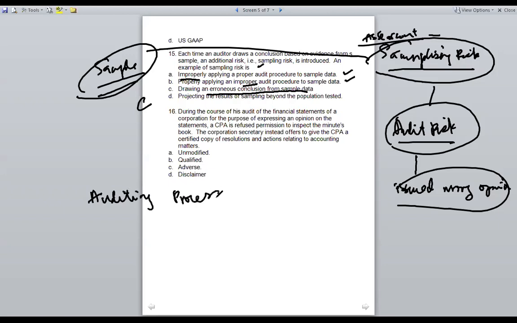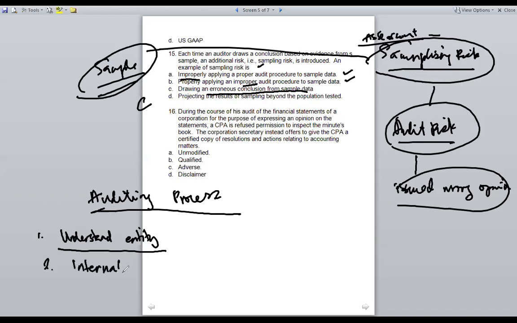The auditing process is simple lang, guys, ano? First is you have to understand the entity or your client, or how the business does. What are the processes of the business? So you should understand the business of the entity and its processes. So yung processes niya, paano ba niya ginagawa yung mga paggawa ng check, pag-orders? And then from there, you should assess the internal control of the company, because your internal control affects your financial statements.